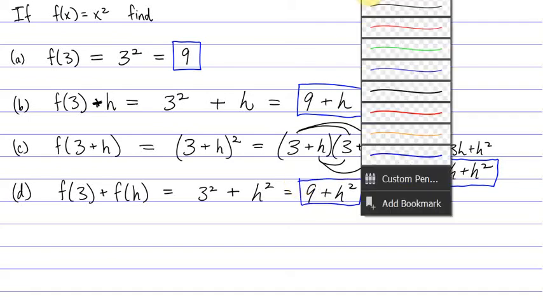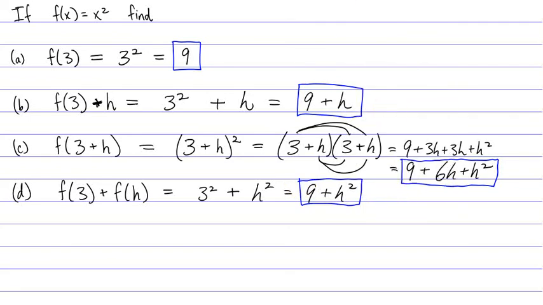9 plus h squared. And I thought I'd mention this because there are some common errors that occur. So often people will take the question in part C, which was f of 3 plus h. And one thing people will be tempted to do is to somehow move that h on the outside. People will typically write things like f of 3, plus h.